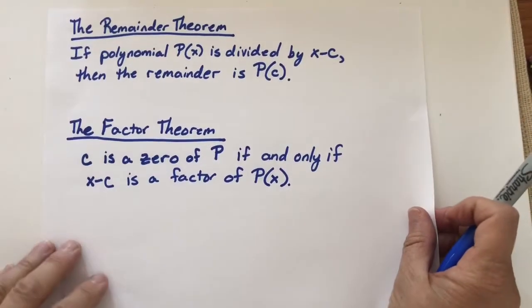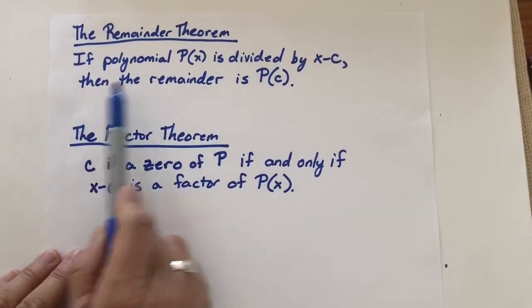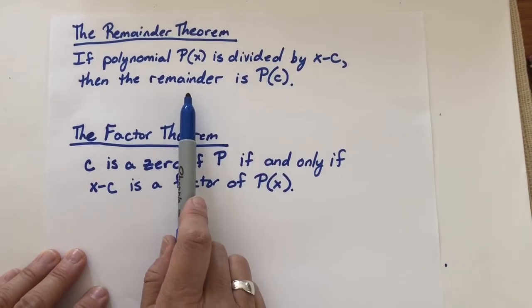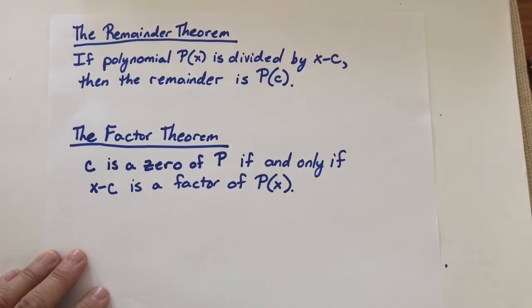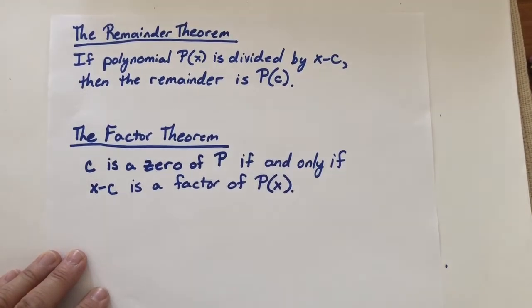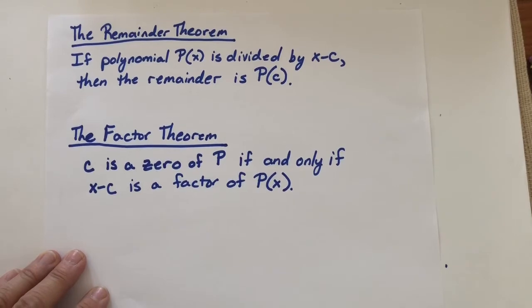And the remainder theorem says this. If a polynomial is divided by x minus c, then the remainder is p of c. The remainder and the value of p of c will be the same.